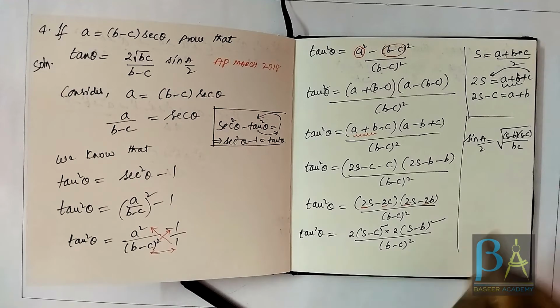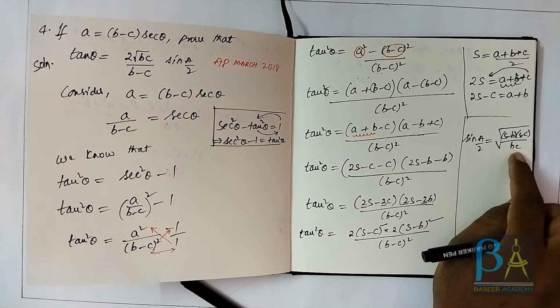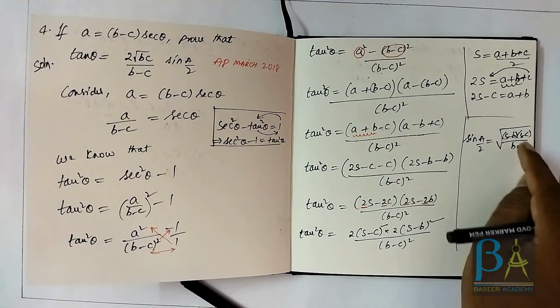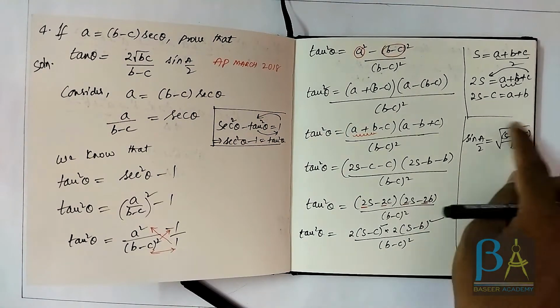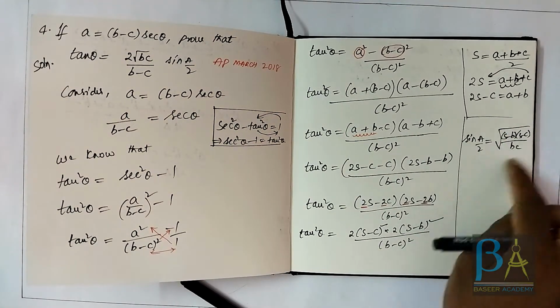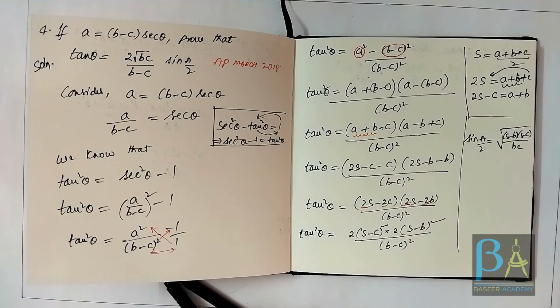But do I have bc? No, I don't. Okay, at least we can get the value of s minus b into s minus c from the half angle formula, and then we can substitute it here. Let me show you how.